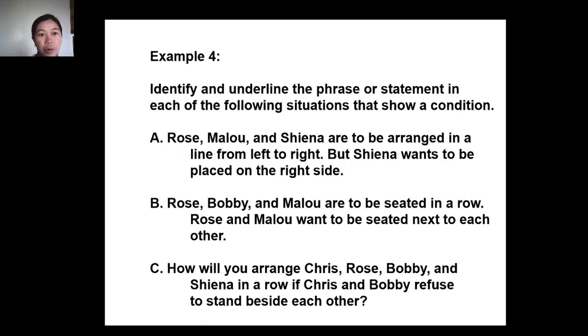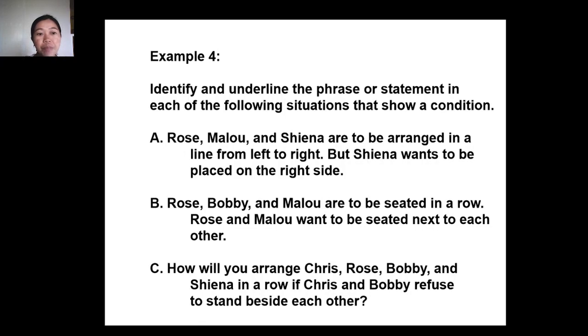So example 4. What we're going to do here is to identify and underline the phrase or statement in each of the following situations that shows a condition. So, alin kaya yung statements dito sa mga situations na ito na nagpapakita o nagsasabi ng condition? Let us read and analyze each situation.